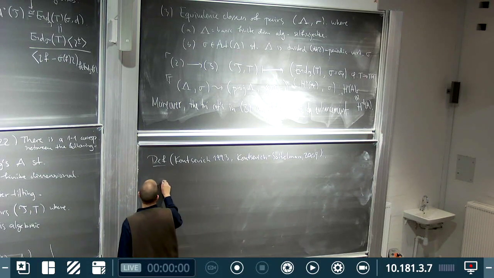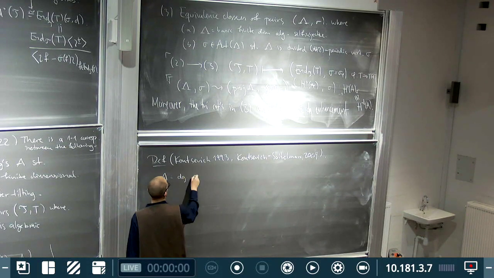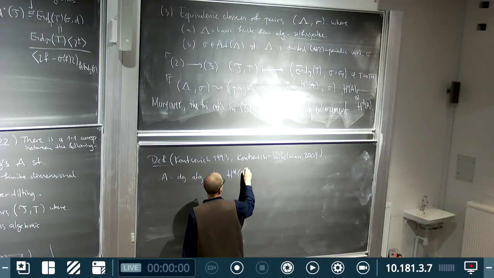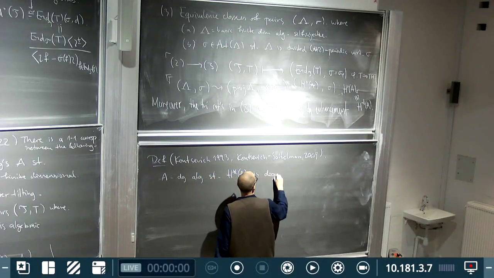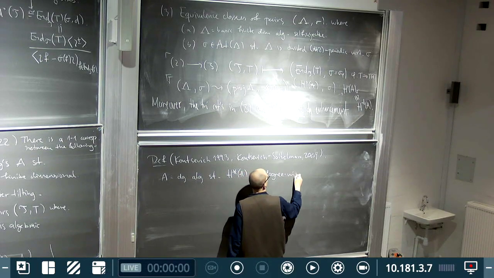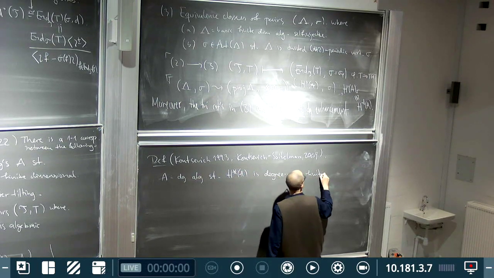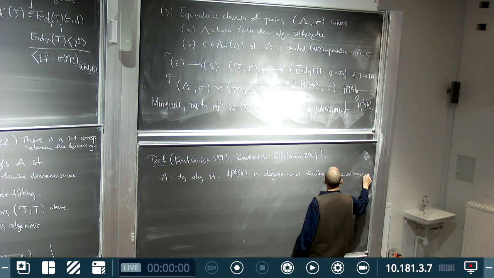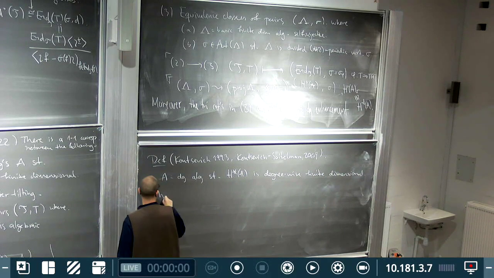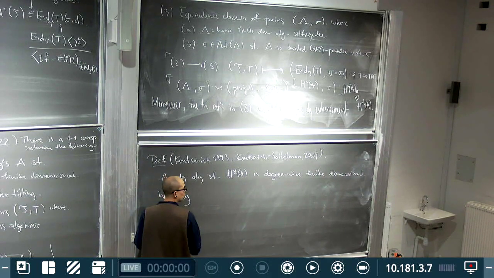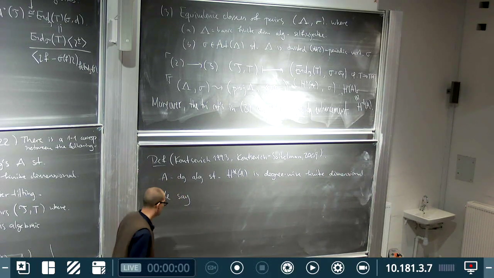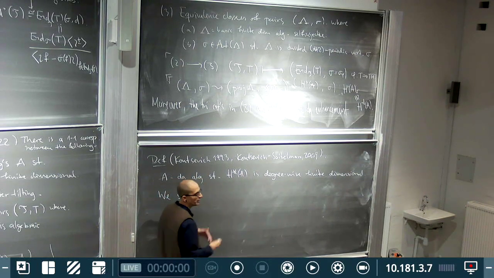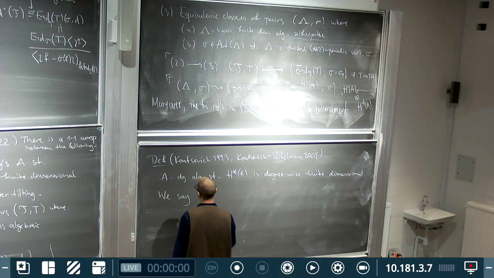So we take A to be a DG algebra such that the cohomology of A is degree-wise finite dimensional. So we say, this notion is motivated by noncommutative algebraic geometry. I don't have time to explain too much, but you will see it's a very natural definition from an algebraic perspective as well.